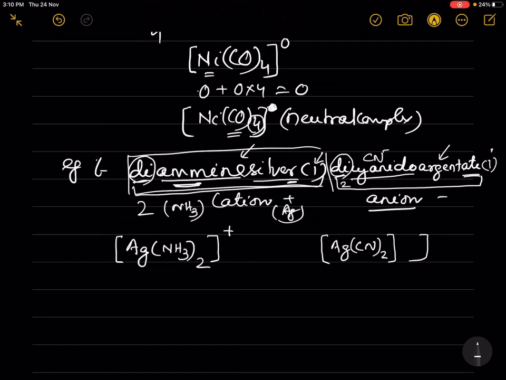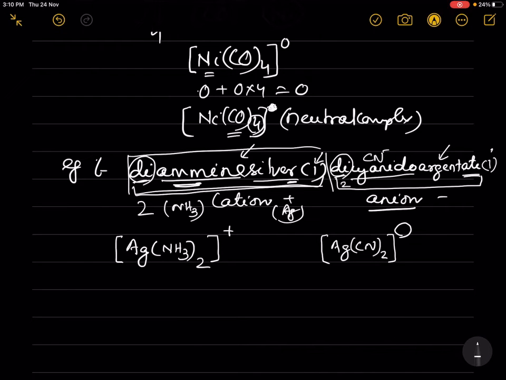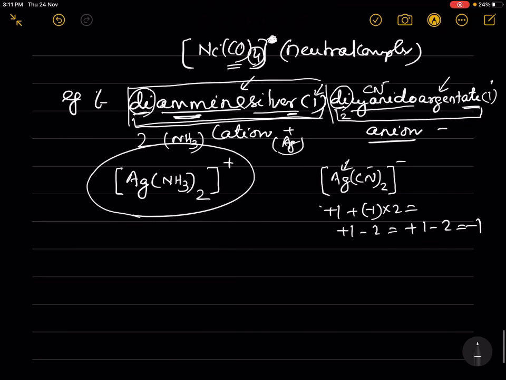Then I have to find the charge. Ag has charge +1, cyanide has -1 into 2, so +1 minus 2 is equal to -1. So the charge on it is 1 minus, but no need of writing 1 minus, you just write only minus. You see, I got the cation, I got the anion, and the charge on the cation is +1 and the charge on the anion is -1, so the charge is balanced.